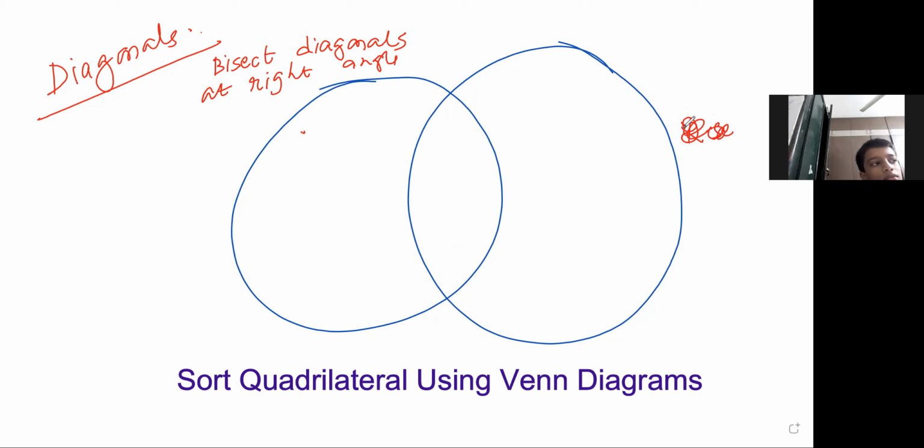Or let's write one set of parallel lines. Then, how will you put all the quadrilaterals which you have learned today? Tell me. Where will each quadrilateral go?